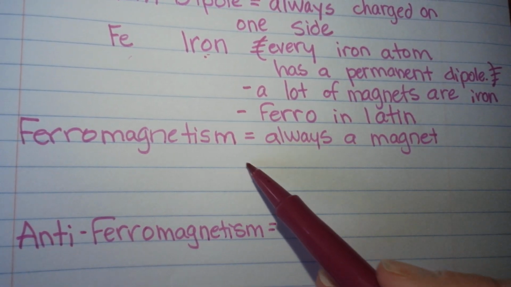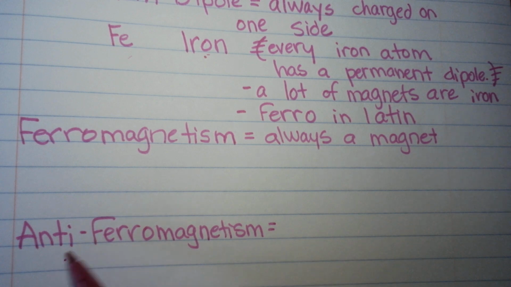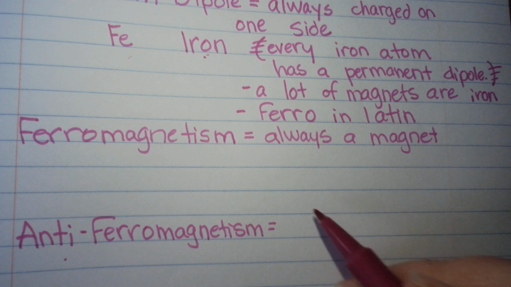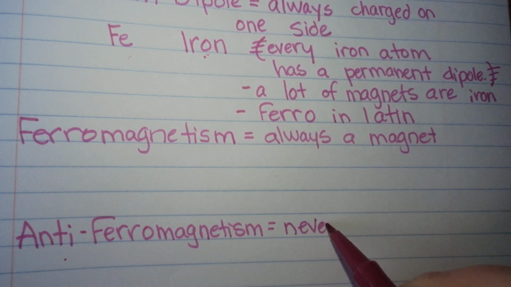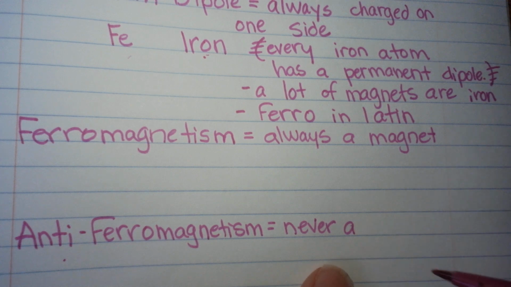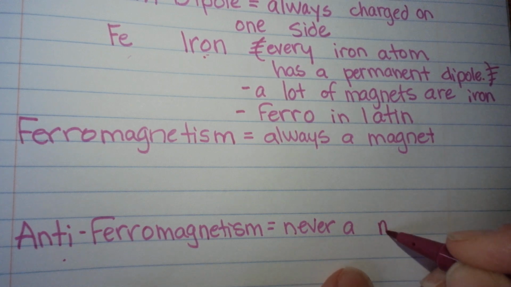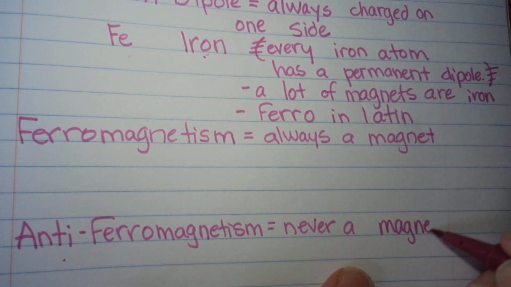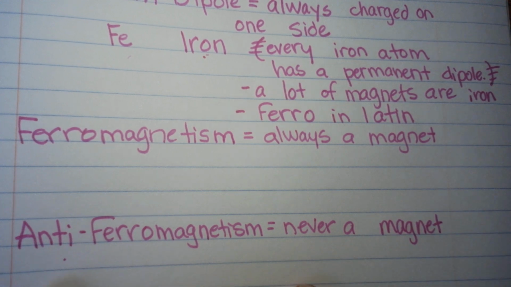If ferromagnetism is always a magnet, what is anti-ferromagnetism? Not, right, never a magnet. Well, never is a strong word. But not always a magnet. Okay.